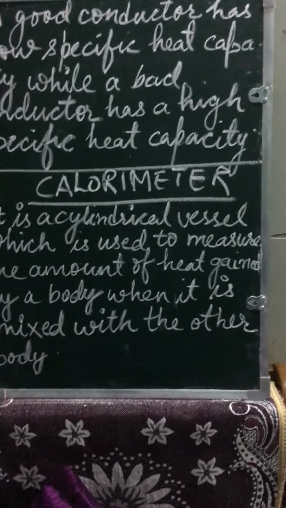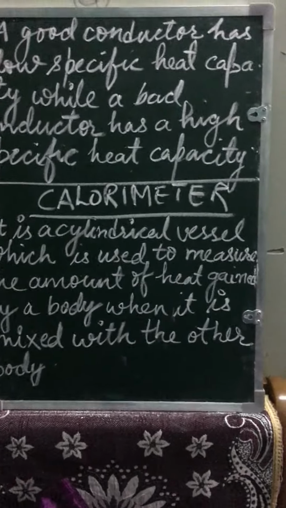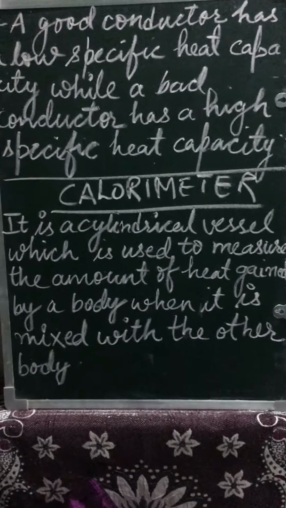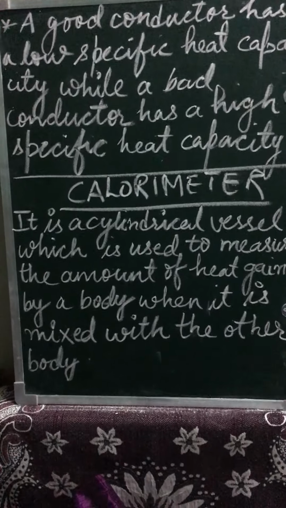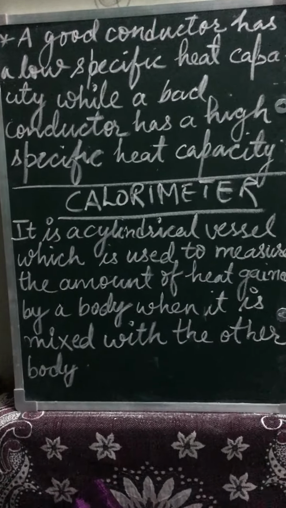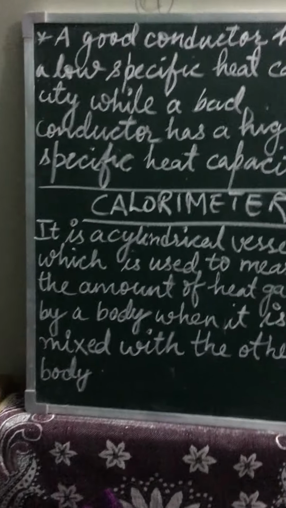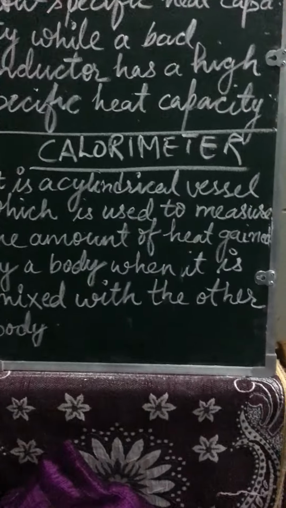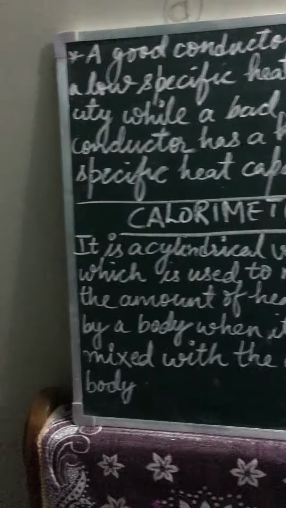Okay, now calorimeter. What is a calorimeter? Beta, a calorimeter is a cylindrical vessel which is used to measure the amount of heat gained or heat lost when it is mixed with another body.